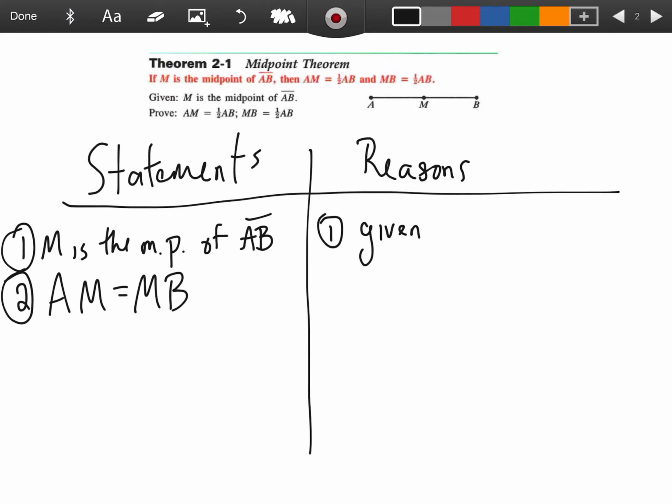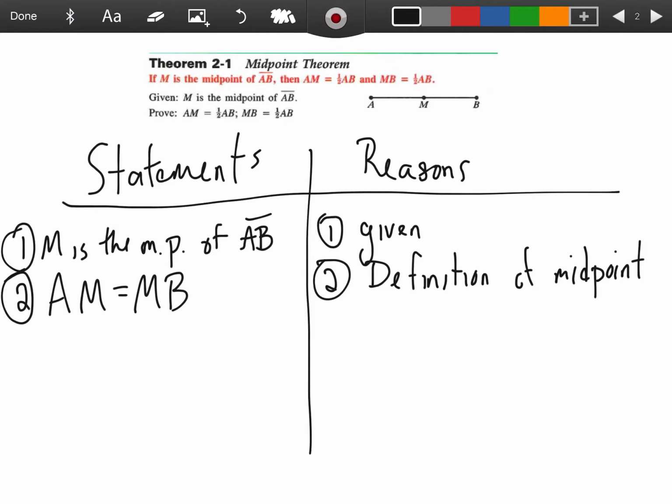That is our definition of a midpoint. We'll examine the difference between the midpoint theorem and the definition of a midpoint on the next slide, but the definition of a midpoint just tells us that it splits the segment into two equal parts.